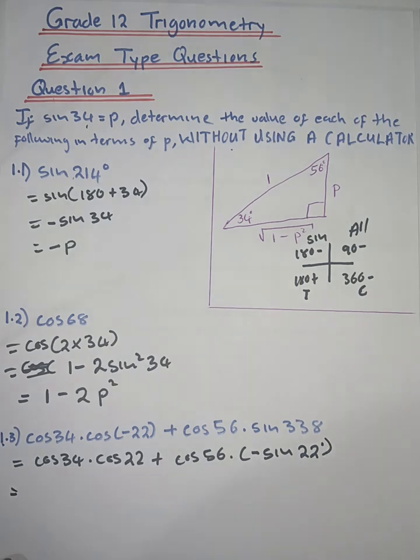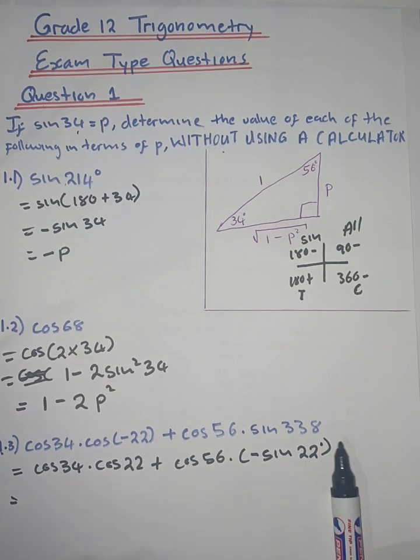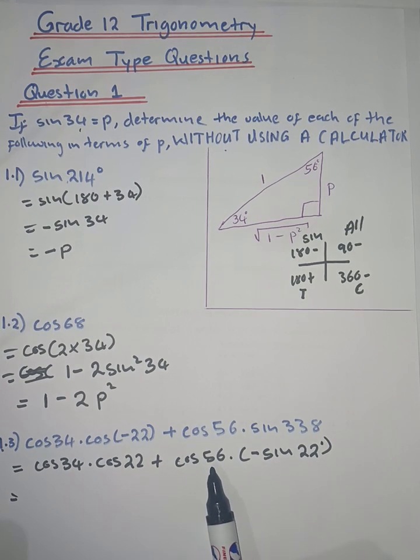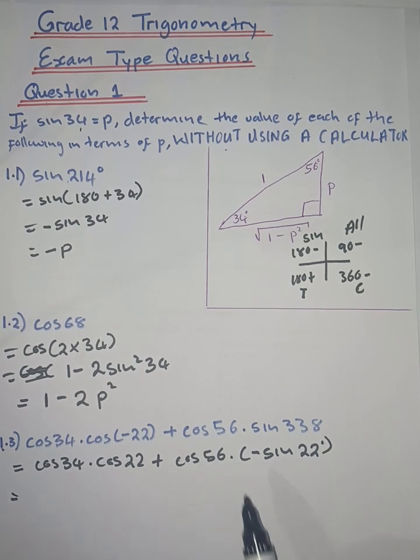Before I go to the next step, you can already notice that we have cos of 34 and 22 degrees on this side, but on the other side we have that 56. Is there a way that we can try to rewrite that?